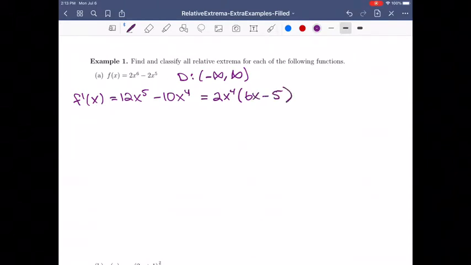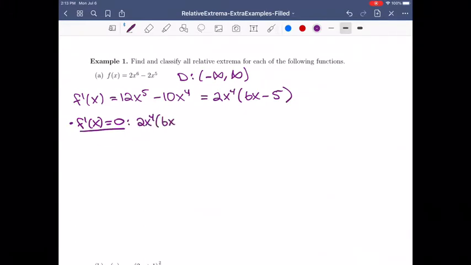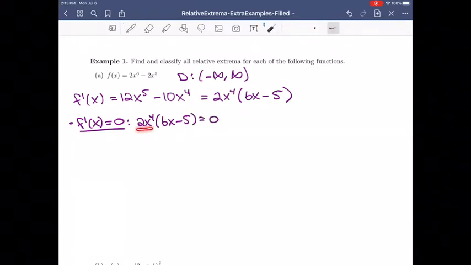Then we want to know, where is our first derivative equal to 0? Because that's where we're going to get critical numbers. So 2x to the 4 times 6x minus 5 should equal 0. That means either 2x to the 4 is 0 or 6x minus 5 is 0.